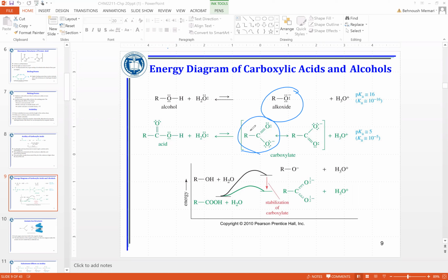That's the reason for the higher acidity of carboxylic acid compared to alcohol, because what is left after losing hydrogen is going to be more stable. As a result, it requires less activation energy, and the energy diagram also supports that. It's more stable. It's going to stabilize by the resonance.